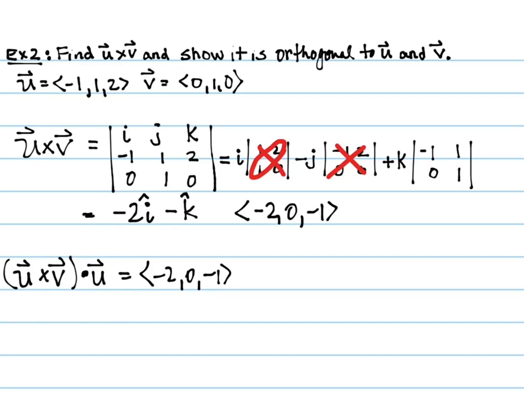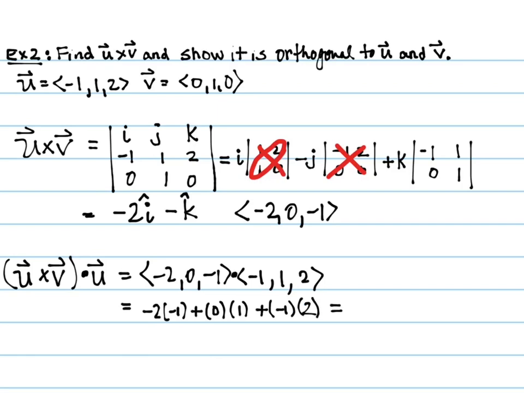And u itself was -1, 1, 2. And of course, the dot product is a scalar. So you have -2 times -1 plus 0 times 1 plus -1 times 2. What do we get? 0.